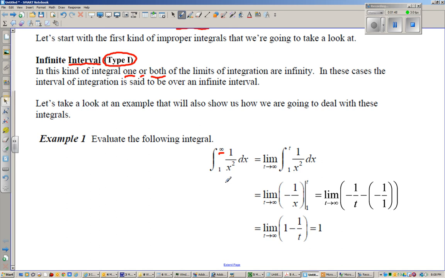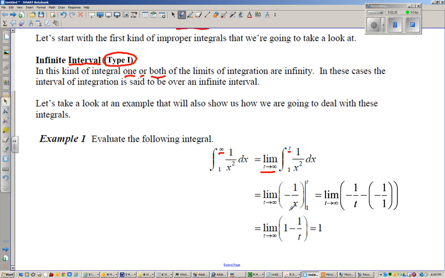So this is how we're going to handle them. Whenever we run into this kind of integral, we're going to treat it like a limit problem. And so it'll be proper for us to write that it equals the limit, and we'll just pick a variable, typically t, and we'll say as t approaches infinity, and we'll let the limit go from 1 to t, not from 1 to infinity.